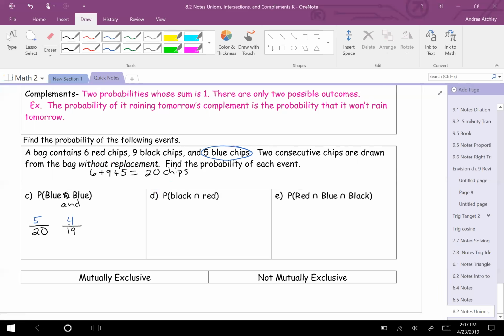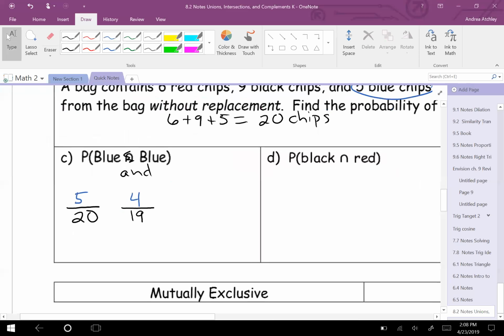But I want them both to occur at the same time. To find that probability, I have to multiply them. So when I have the and, it means to multiply. So blue and blue, I have to multiply the two probabilities. Then you just multiply across. 5 times 4 is 20. 20 times 19 is 380.